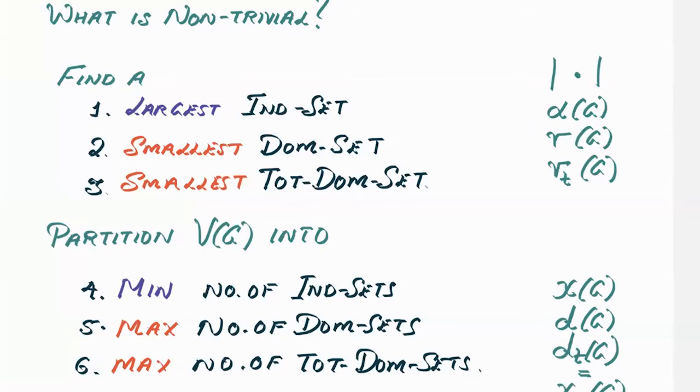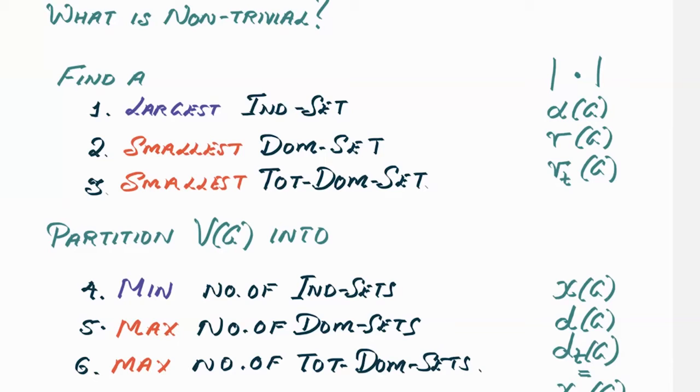The largest is not interesting because the whole vertex set, unless you have isolated vertices, is easily seen to be a total dominating set and a dominating set. The size of the smallest dominating set is denoted by gamma of G, called the domination number. The size of the smallest total dominating set is denoted by gamma T of G, called the total domination number.